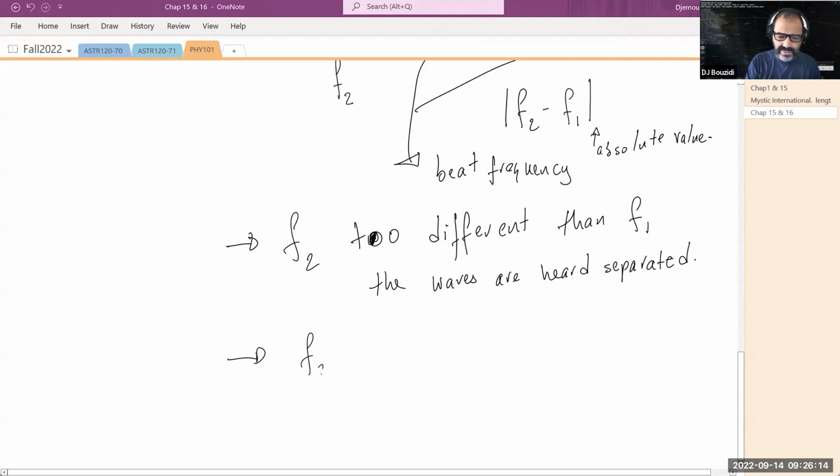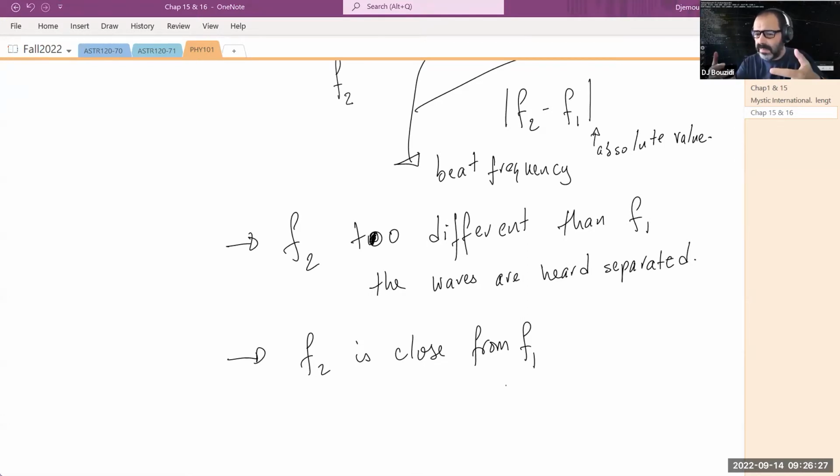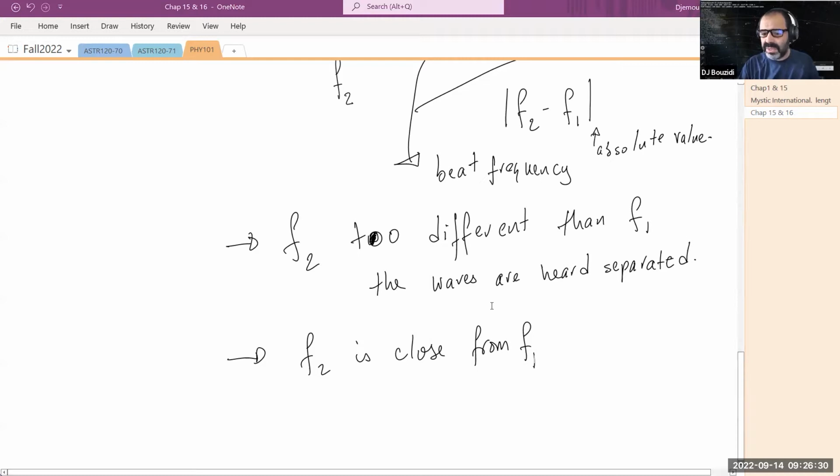Condition number two, if F2 is close from F1, then the two frequencies are close from each other, okay? You're hearing that sound, definitely. But there is a buildup, something in it. And that buildup is a hum.